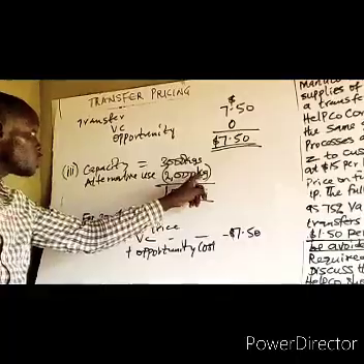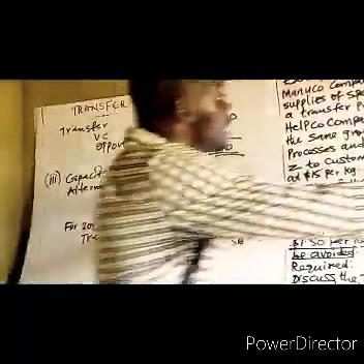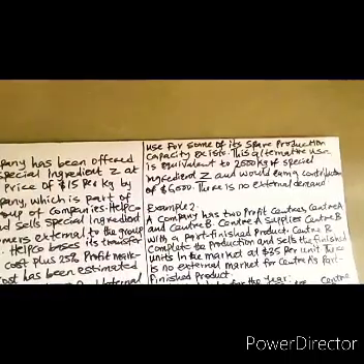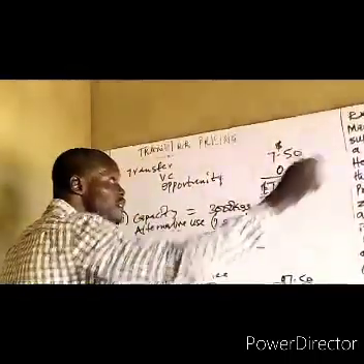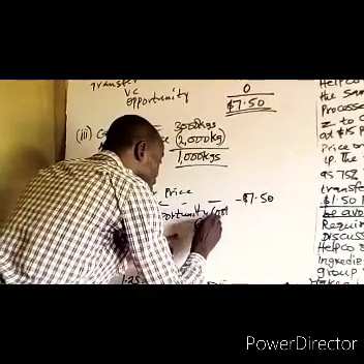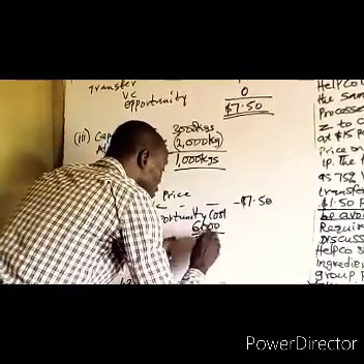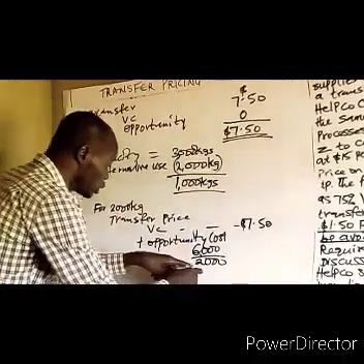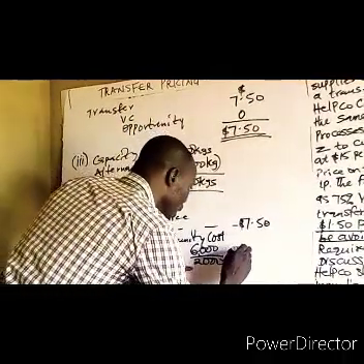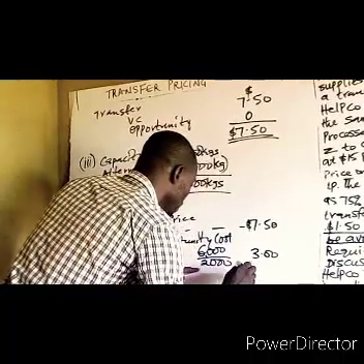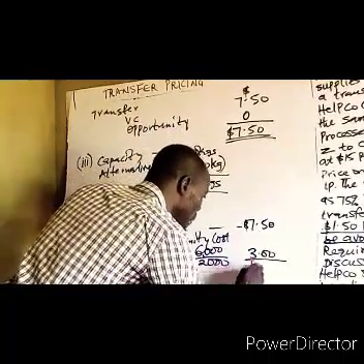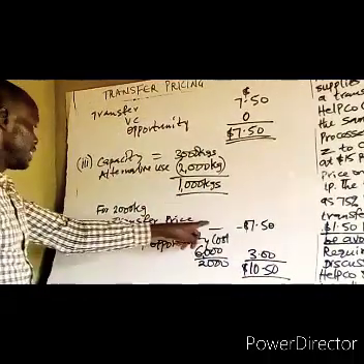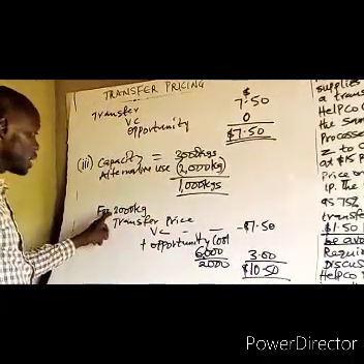The contribution this one will fetch you. You have been told that the contribution from that is $6,000. Therefore, they will forgo this 6,000. That is 6,000 divided by 2,000, that will give us $3, plus 7.5, that will be $10.50. So this will be the transfer price of the 2,000 kg.